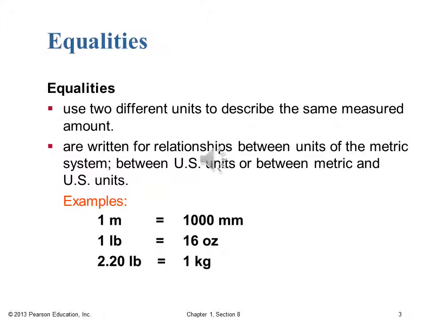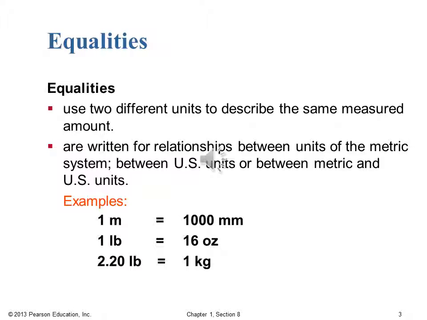We could have 1 foot equals 12 inches within the US units, or we could have 1 inch equals 2.54 centimeters as examples of length measurements. We also see some other examples here with 1 meter equaling 1,000 millimeters, again within the metric system. 1 pound equals 16 ounces within the US or the English system, and then 2.20 pounds equals 1 kilogram. There we have across the metric to the English or US units.